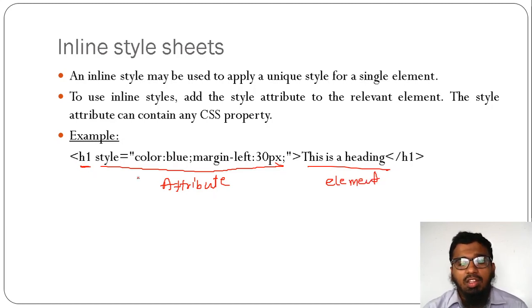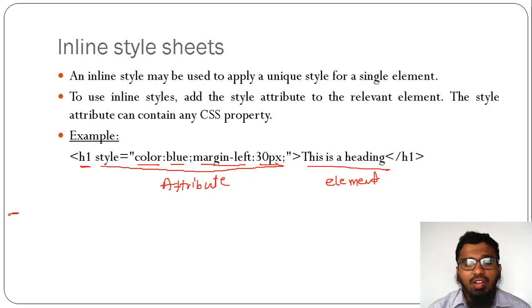So here in the opening tag I am giving the attribute, that is style equals color is blue, and margin left is 30px. Margin 30 means from the left it will give a space of 30px, give the space and start writing.